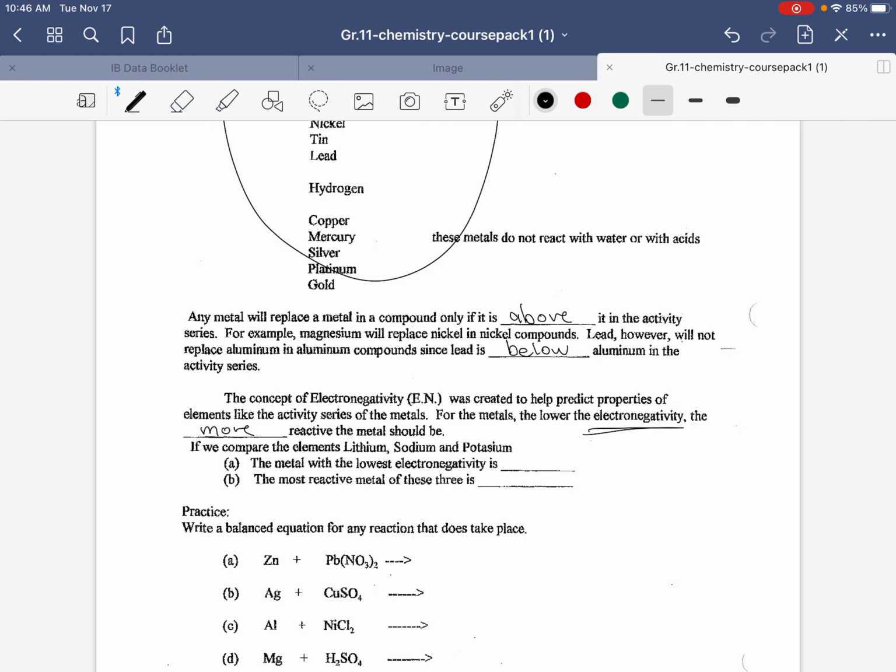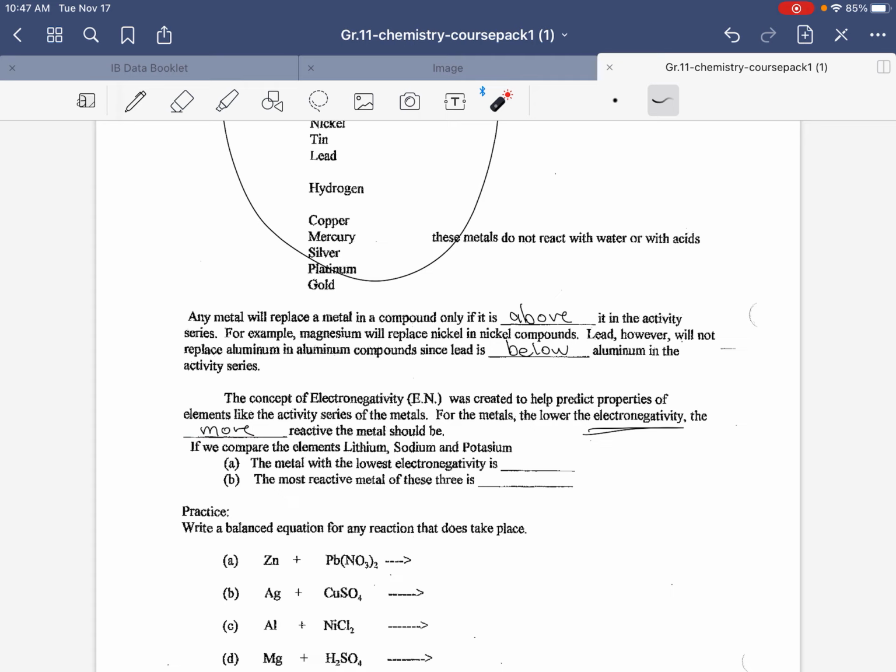Hence, that's why we always say francium is the lowest in terms of electronegativity. What that means is that francium, as a metal, is the most reactive because it can easily get rid of that electron. Right? So that's why we say that for metals, the lower the electronegativity, the more reactive the metal is going to be.